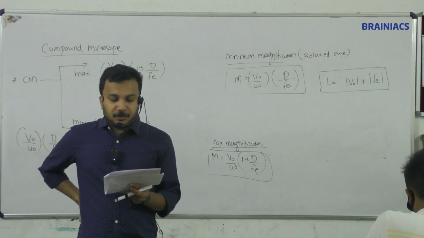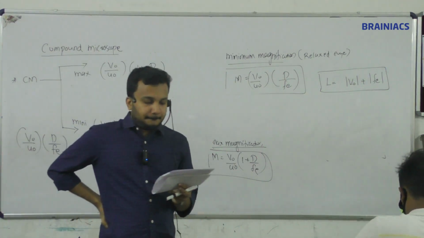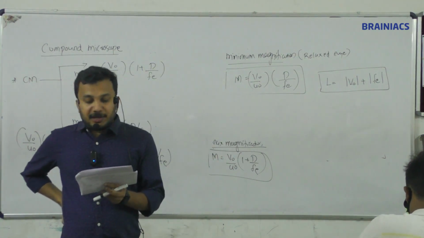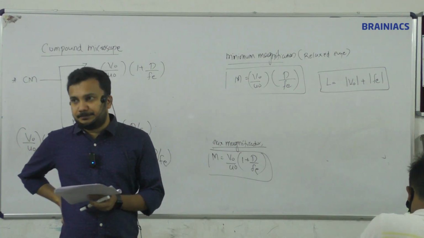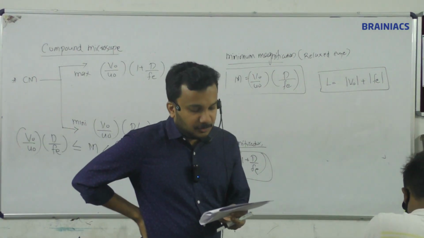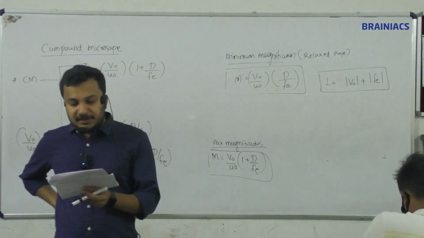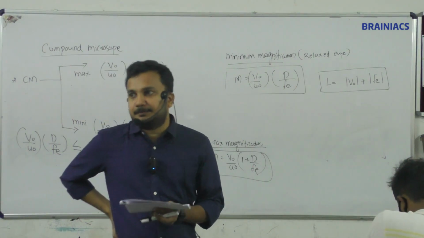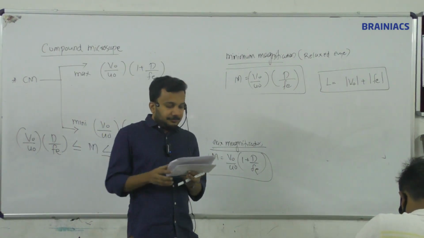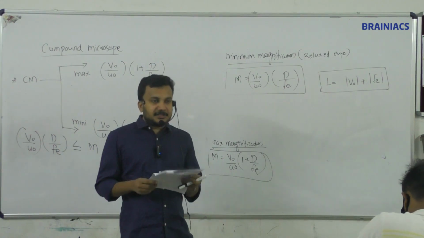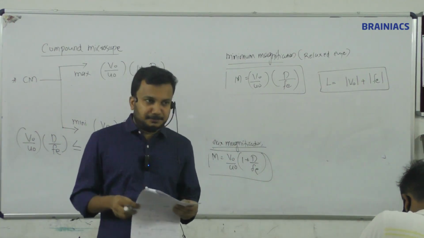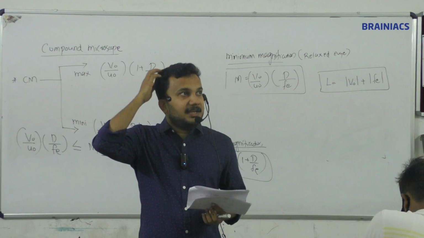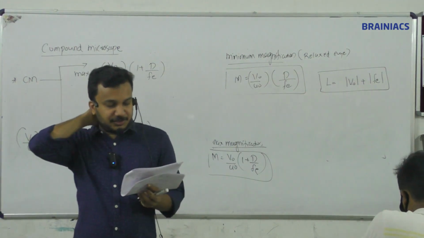How far from the objective lens should an object be placed in order to obtain final image at the least distance of distinct vision?